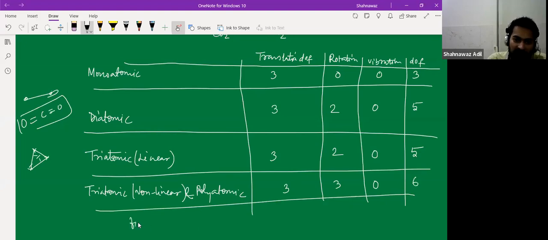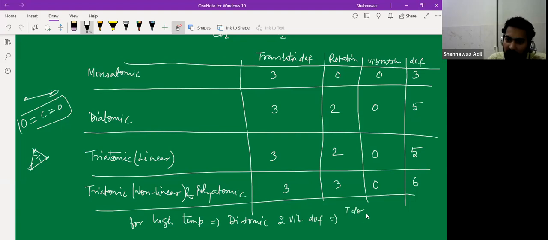For high temperature, diatomic has 2 vibrational degrees of freedom, right? So total degrees of freedom will be what? 7 for diatomic, for high temperature.